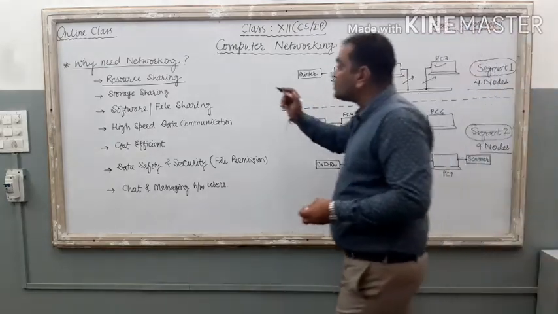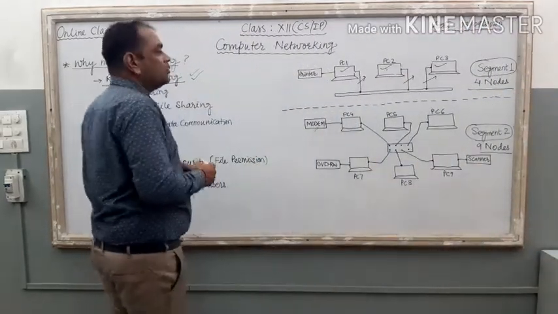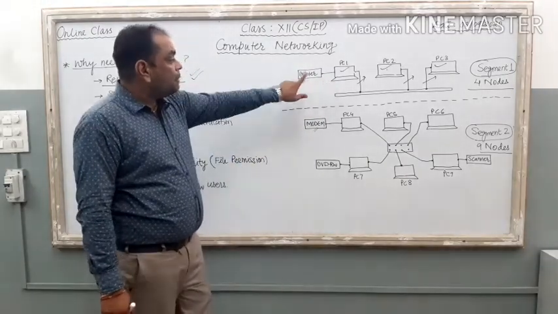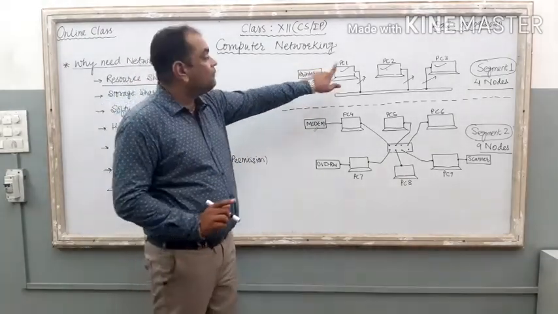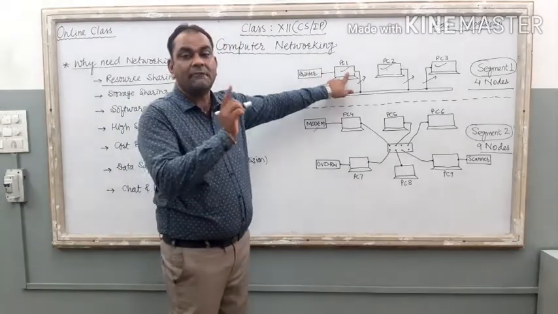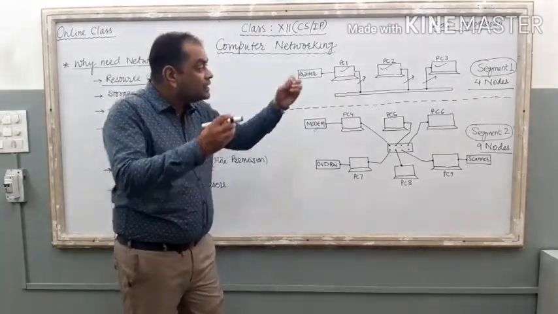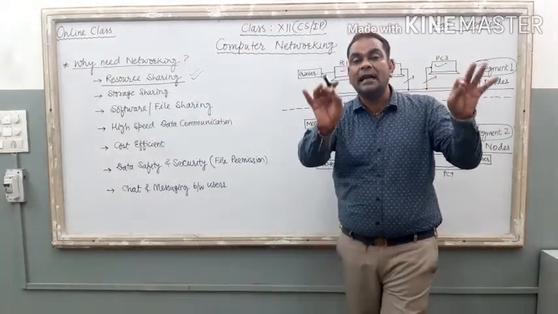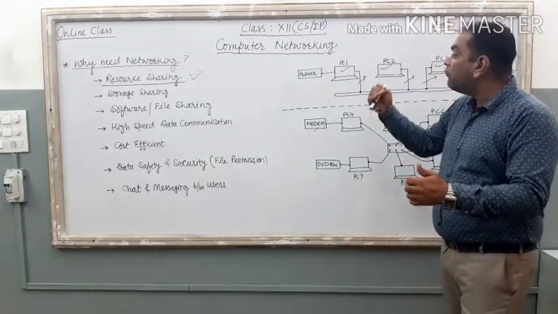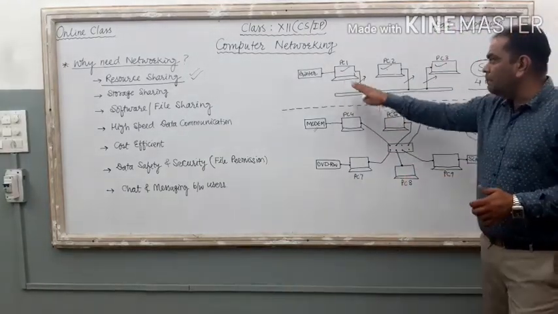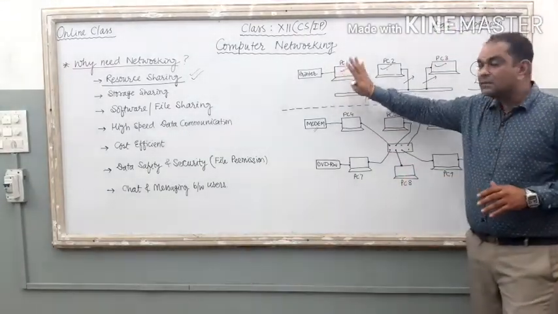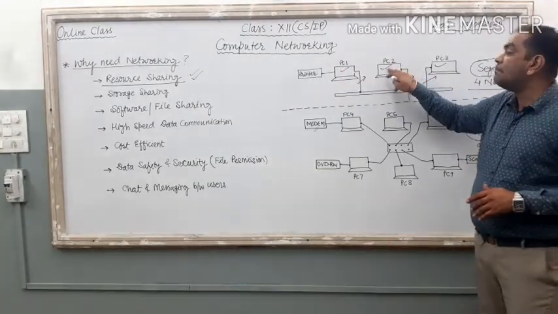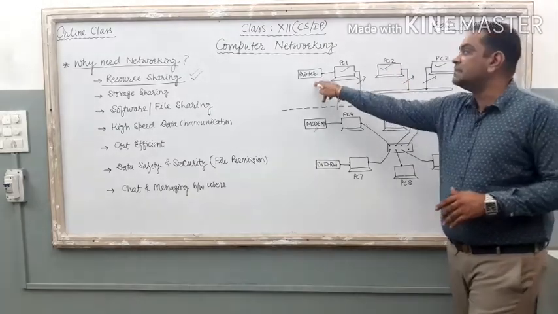Now to understand this concept properly, first come to diagram number 1. Here three different computers are there and a printer is connected with the first computer only, that is PC1. Suppose these three computers are not in a network, they are standalone computers. Somebody is sitting on PC2 and wants to take a printout using this printer.